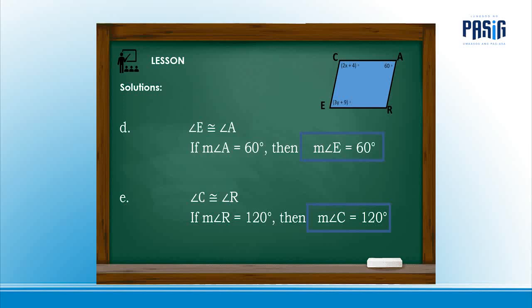Solutions for letter E to find the measure of angle C. Angle C is congruent to angle R. If the measure of angle R is equal to 120 degrees, then the measure of angle C is also equivalent to 120 degrees.